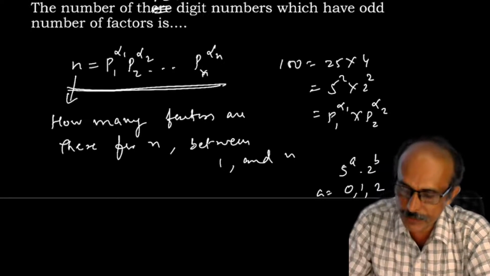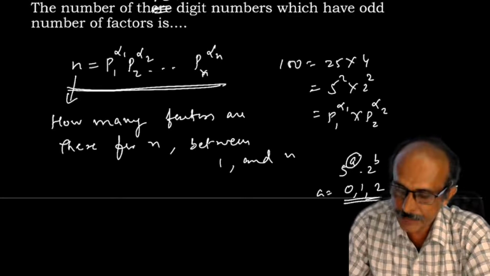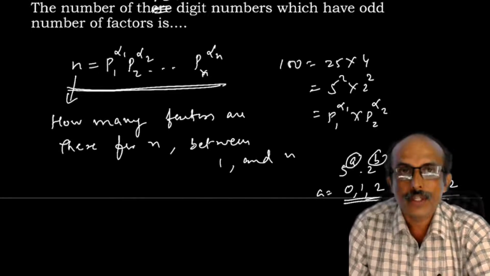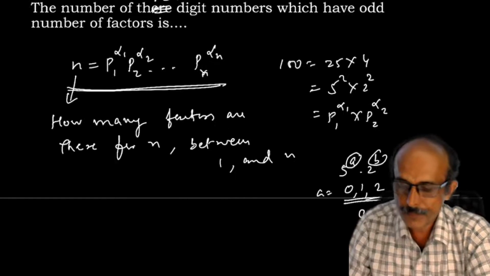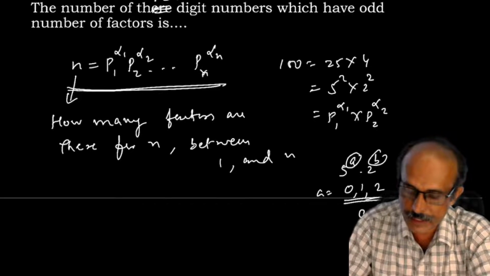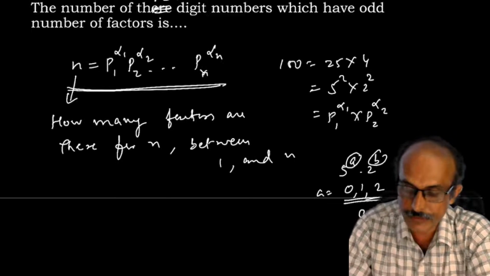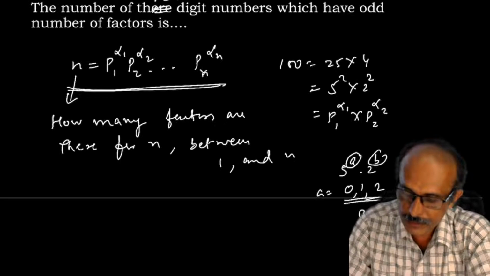So the possibilities for a will be 3, for b will be 3. So altogether there will be 9 ways. So the number of positive divisors of 100, let's say d of 100, equals 9.